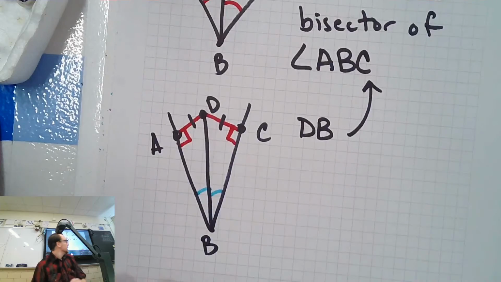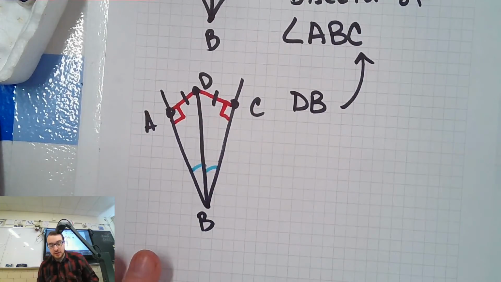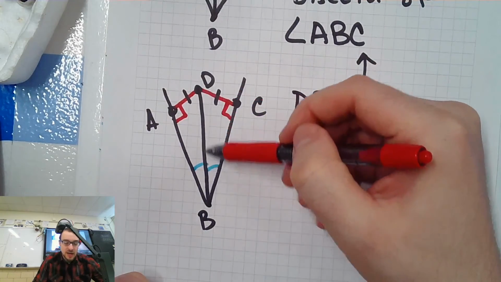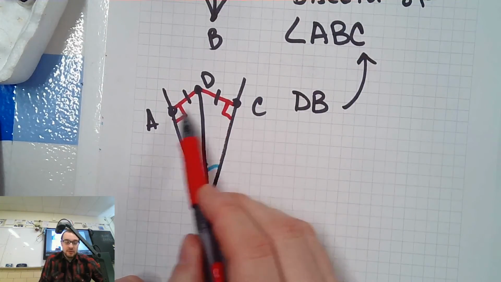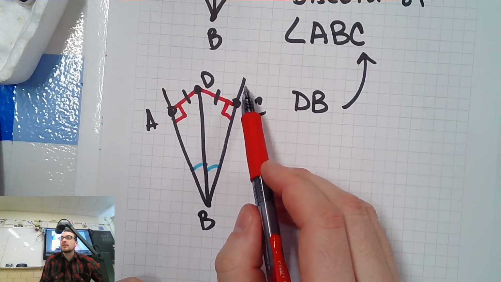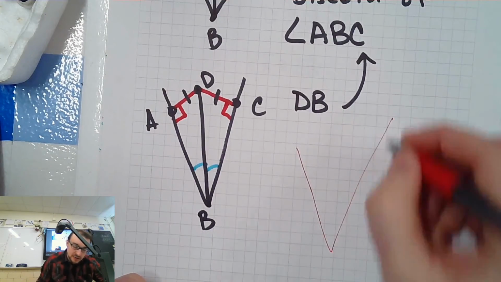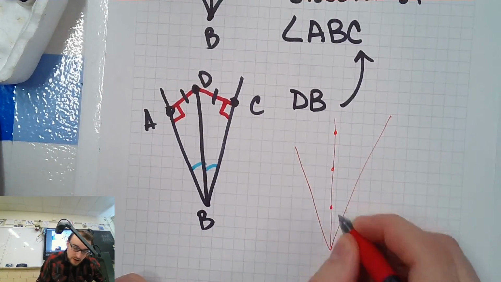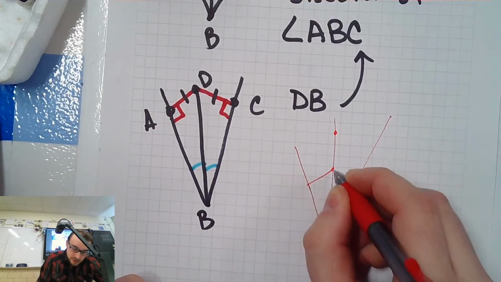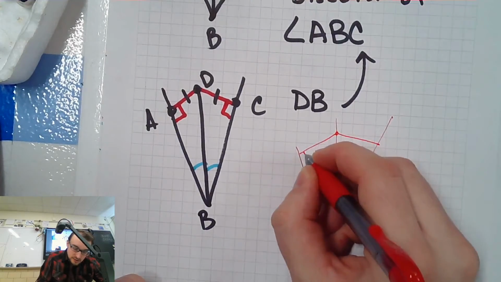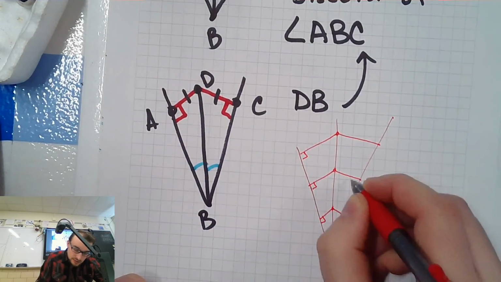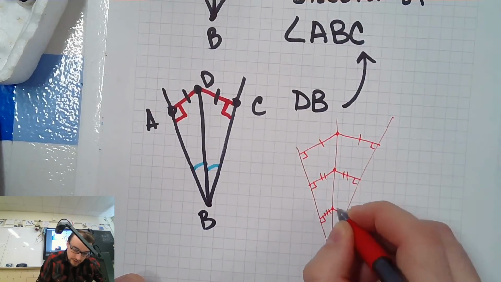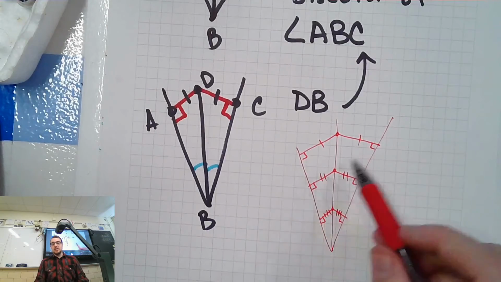Same thing here. I didn't write this in words, but it turns out that any point that's on the bisector of an angle will be the same distance from either side of the angle. So if I have an angle and I cut it in half, any point I put on here will be the same distance here and here, to either side of the angle.